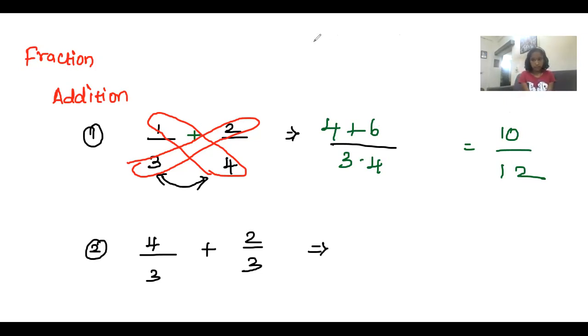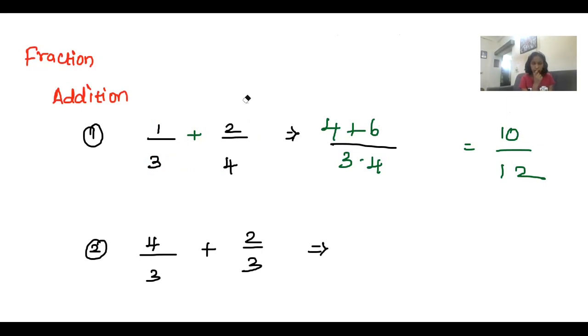Very good. You can do this calculation only for addition and subtraction. So you have done LCM over here. Can you name the type of fraction? What is 1 by 3 and 2 by 4? What kind of fraction is this?